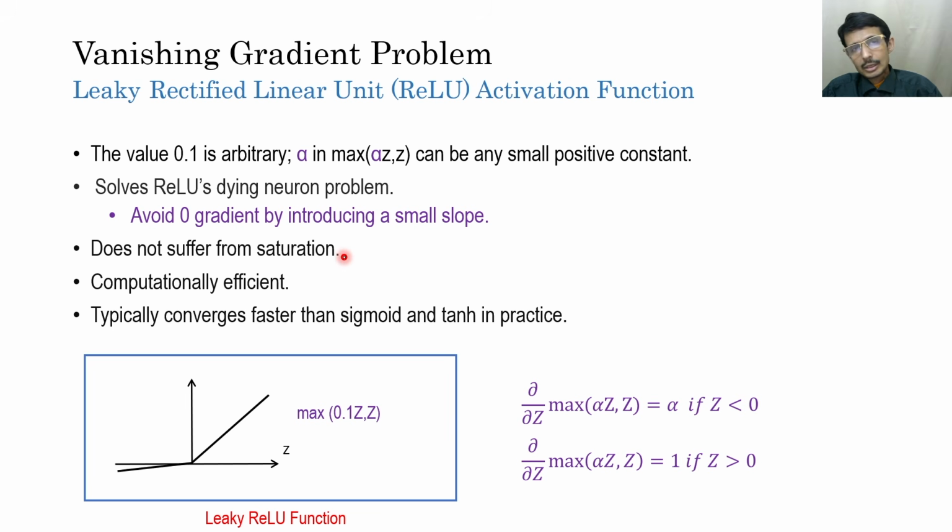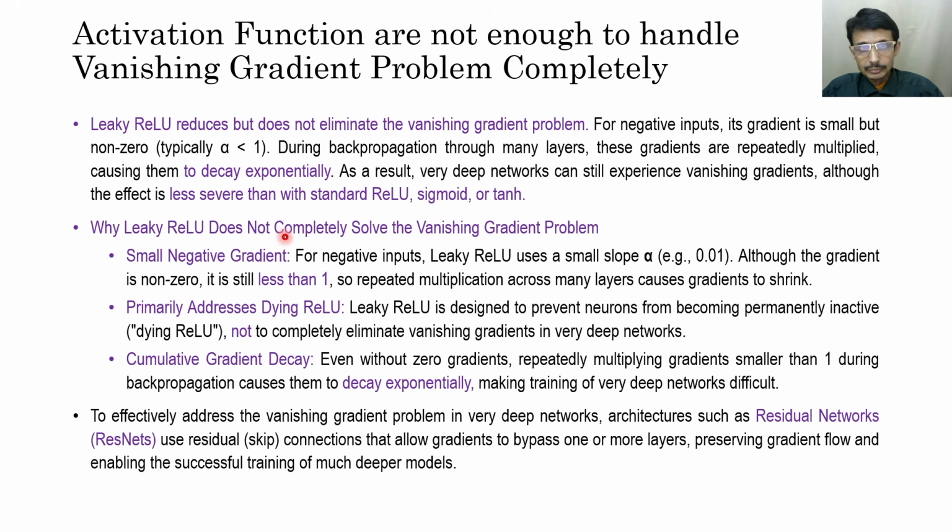Now we can choose this kind of activation function to somehow manage this, but is that enough? That is a very important question. Activation functions are not enough to handle the vanishing gradient completely, and that is a very important observation for deeper networks, mainly in GoogLeNet, which is a very deep network.